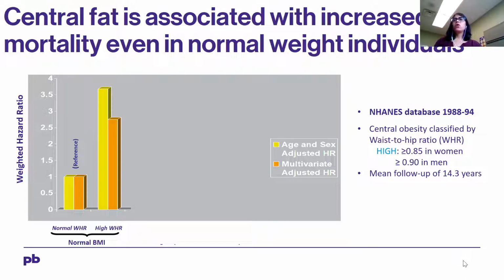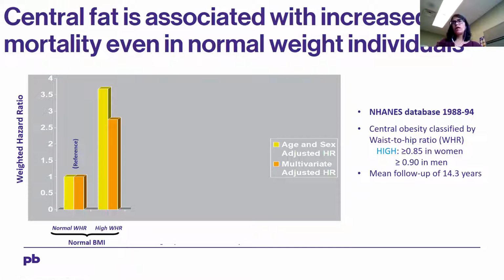Based on the measures that we obtained, we classified them as normal waist to hip ratio or high waist to hip ratio, high waist to hip ratio meaning having central obesity.